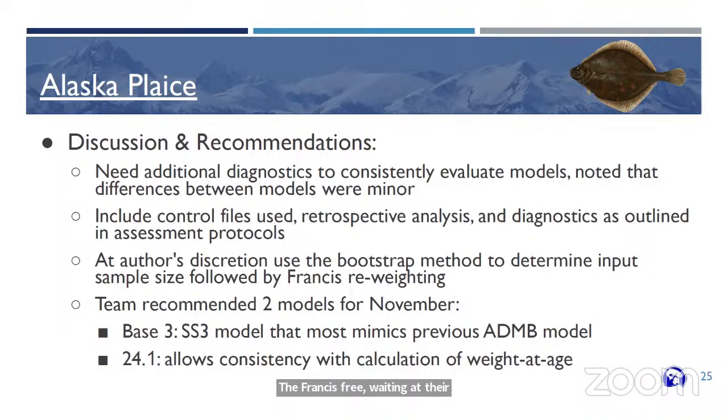And then for the final, the team recommended 2 models for November, and they ended with what the authors called the base 3, which was done within SS, but most closely mimicked the previous ADMB model, and then coming forward with Model 24.1, which was defined in the previous slide and allowed for consistency with the calculation of weighted age. And that was pretty much it for the Alaska Place.